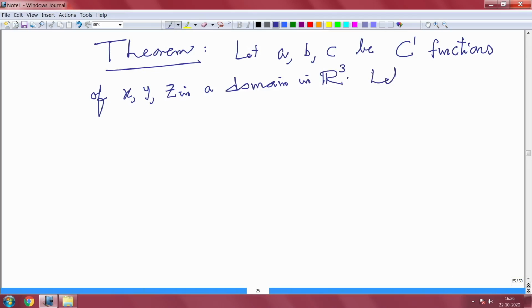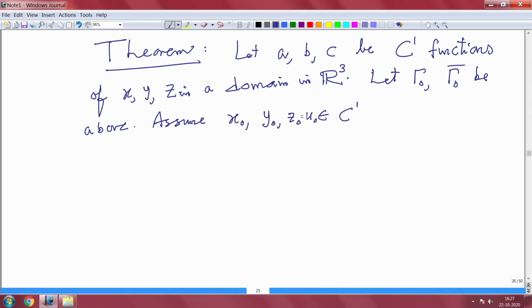Let gamma naught bar be as above, the initial curve given by the problem. Gamma naught is the initial value curve given by the problem, and gamma naught bar, given by x naught, y naught, z naught, is the curve describing the initial value. Assume x naught, y naught, z naught is in C1, now it is defined in one variable.